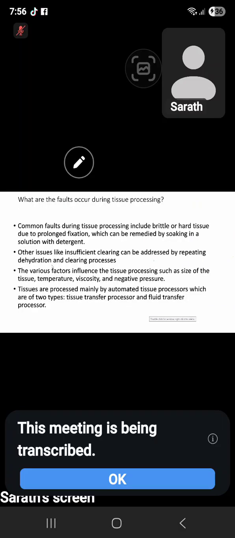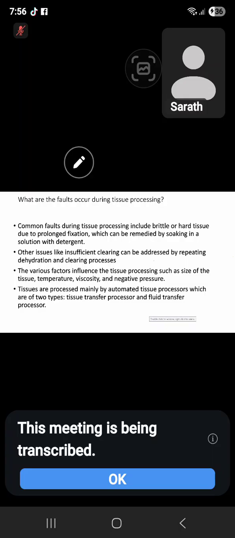Right. The common faults during tissue processing include brittle and hard tissue due to prolonged fixation. If the fixation time is prolonged, then what will happen? The samples become brittle or hard. That's the problem. So how can you correct it? You can correct it by soaking in a detergent solution.